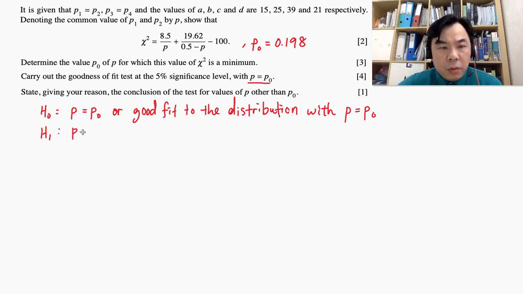So just for formality, we write it down, or you can say that it's not a good fit to the distribution with proportions p not equal to p naught. I hope that is clear at this point.